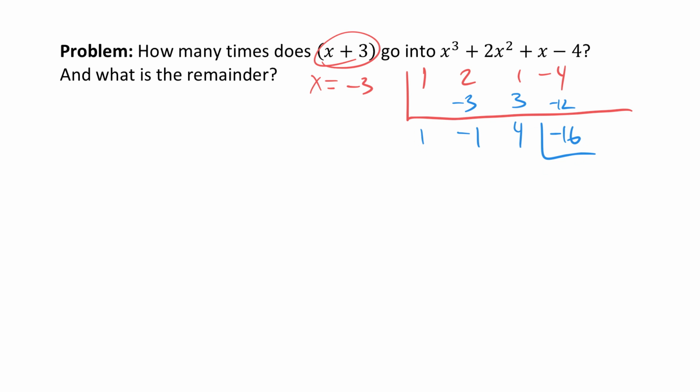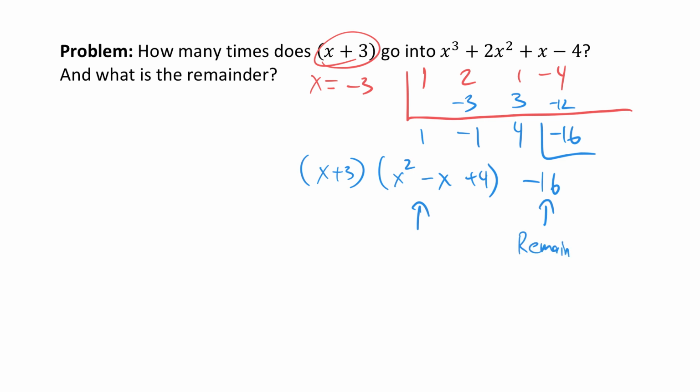Let me show you. We know that x plus 3 was our factor, although it wasn't actually a factor. x squared minus x plus 4 was our reduced polynomial, and we have minus 16 left over. In other words, x plus 3 went into the bigger polynomial x squared minus x plus 4 times, with a remainder of negative 16.